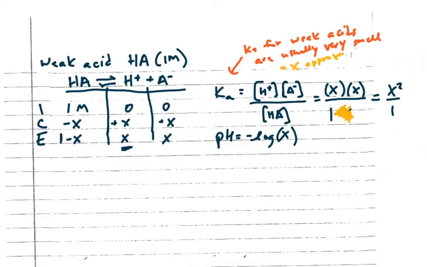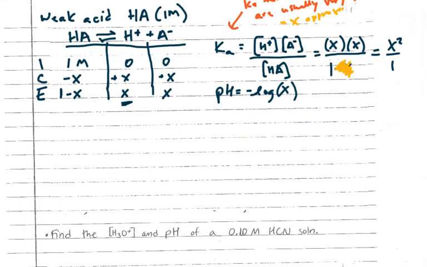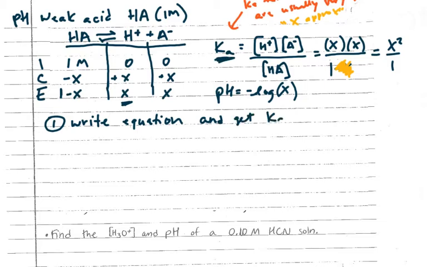Okay, so if we were to write out these steps, it would be, if you're asked for the pH of a weak acid, the first thing you should do is write the equation. You should also get the Ka value from a table, which I've posted on Blackboard for you. You can also find it in the textbook or just Google.